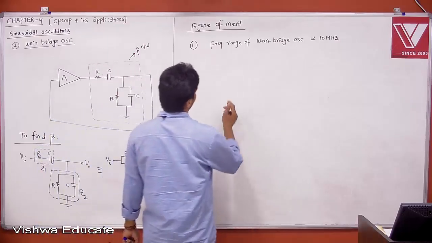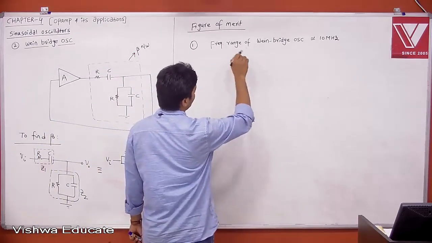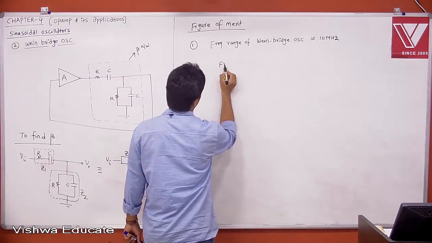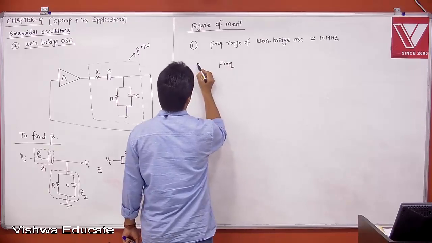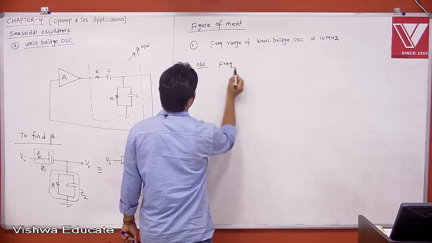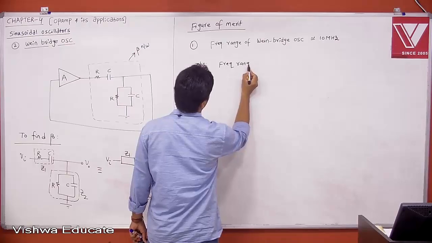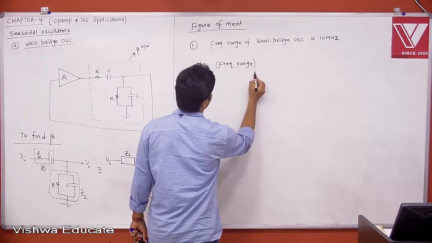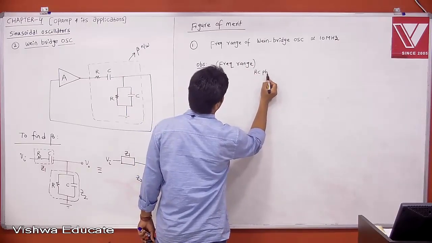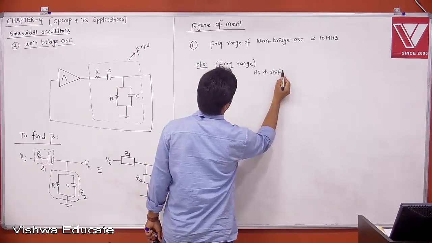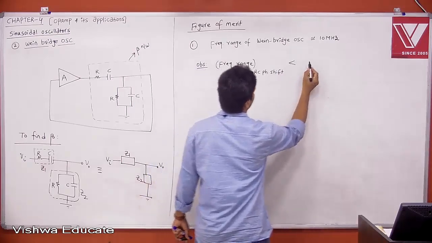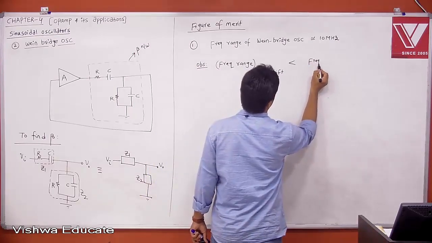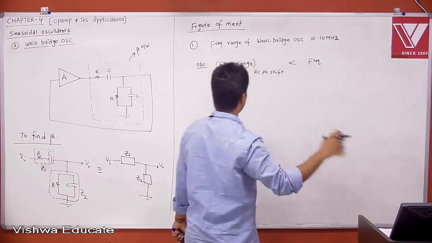Now, why is it more? Why the frequency range? The frequency range observation, okay? What is the observation? The frequency range of the RC phase shift oscillator is less than the frequency range of, because we are comparing, the Wien bridge.